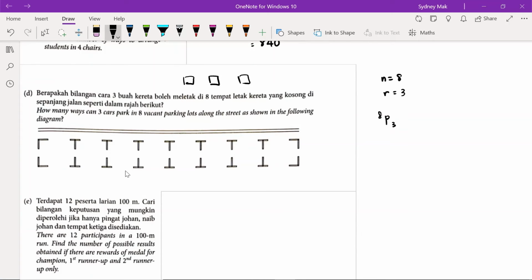For this, the first car has 8 parking lots to choose from. Once this car occupies 1 parking lot, the second car is left with 7 parking lots to choose from. So sometimes it is not the object that fills the space; we can allow the space to go to the object. It works both ways. Therefore, 8P3, we use the calculator.